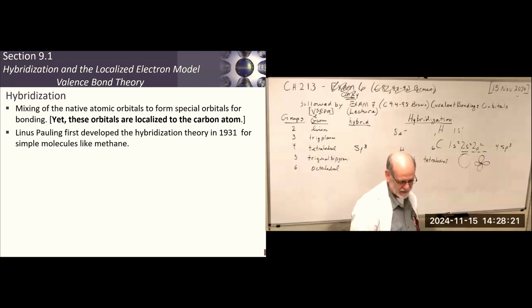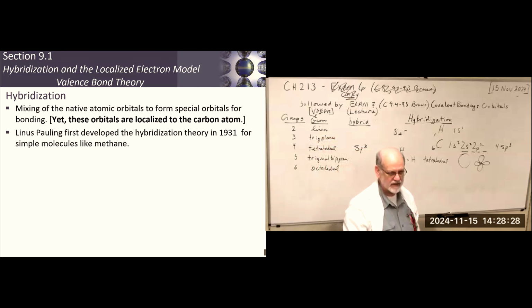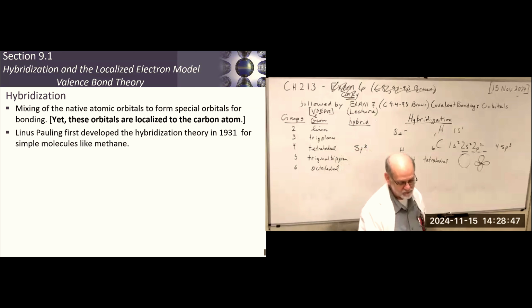All right. This was proposed in the 30s by Linus Pauling. Remember, Linus Pauling was the one who wrote that book on the nature of the chemical bond and got a Nobel Prize for it. And so when he proposed this theory, there was not much resistance to it because it solved the problem, for one thing. So the theory was modified to accommodate reality.